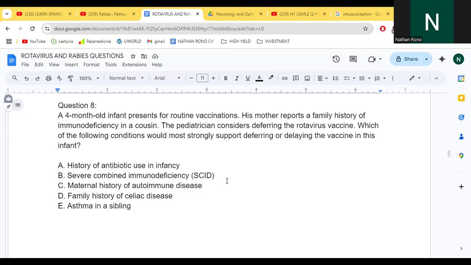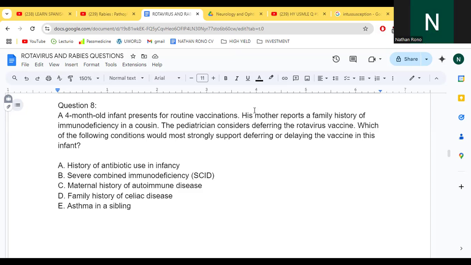Someone has said B. B. Yes, good. So severe combined immunodeficiency. This is a type of disease where you're in an immunodeficiency state. And remember, the rotavirus vaccine is live attenuated.